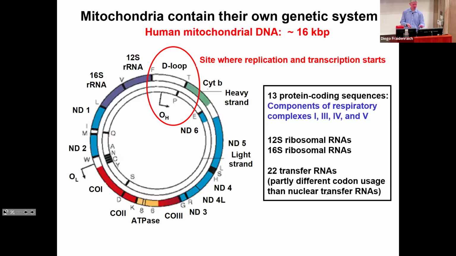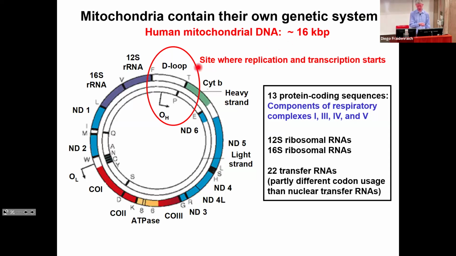Okay. When we look at the structure, human mitochondrial DNA is quite small, 16 kilobase. It looks like a plasmid DNA. There is just one site in this plasmid where it starts with DNA duplication, replication, and also transcription, where you form messenger RNA.